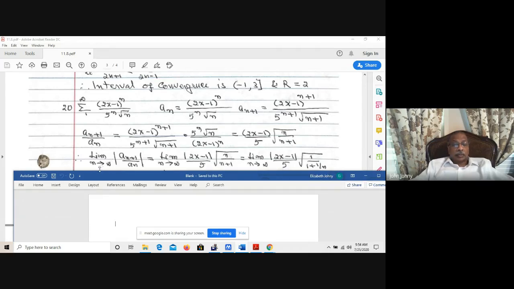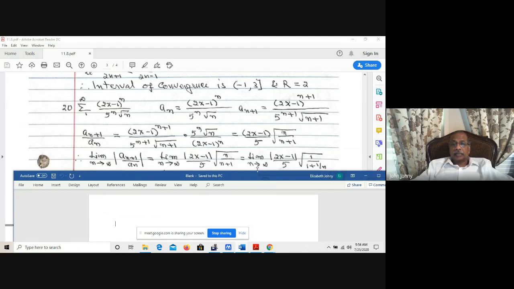So the limit as n approaches infinity of the absolute value of a_(n+1) over a_n is equal to the limit as n approaches infinity of the absolute value of this expression, that is (2x minus 1) over 5 times square root of n over n plus 1. Under the radical sign, you divide numerator and denominator by n.